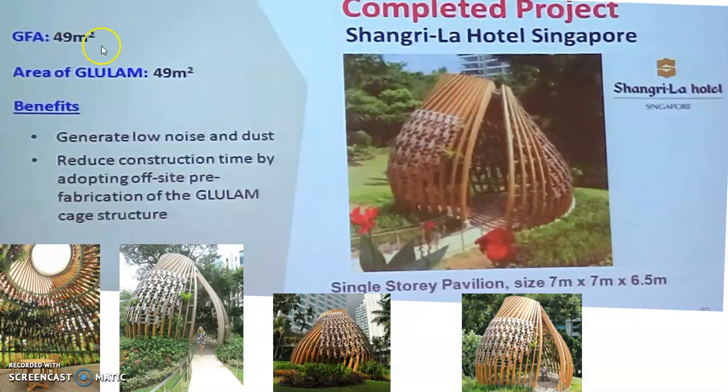So the GFA is only 49 square meters. But the benefit is that if you were to use concrete or steel, there is going to be more noise and dust generated compared to using these timber components. So there's a reduction of construction time by adopting off-site prefabrication of the glulam cage structure here.